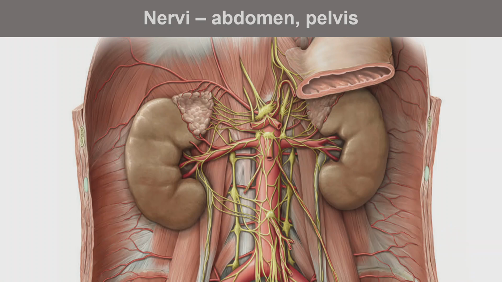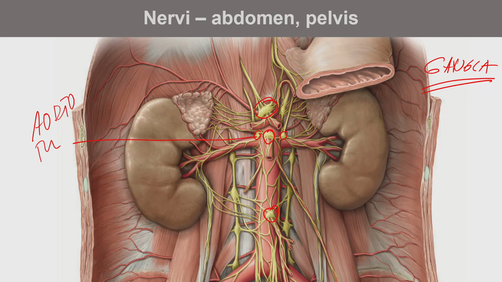Those preaortic ganglia are at the level of the celiac trunk, and of the superior and inferior mesenteric arteries, so the ganglia are named after those vessels. And then we have two small others, which are called aorticorenal ganglia.